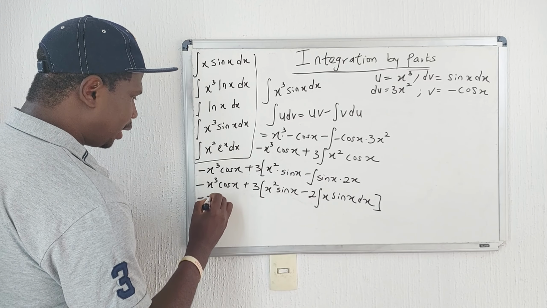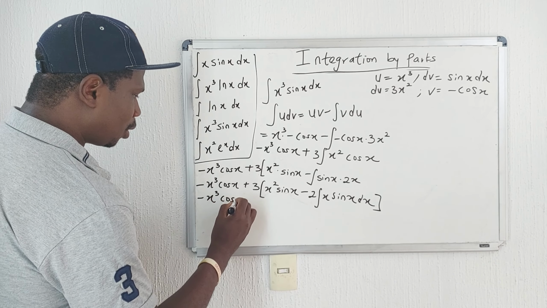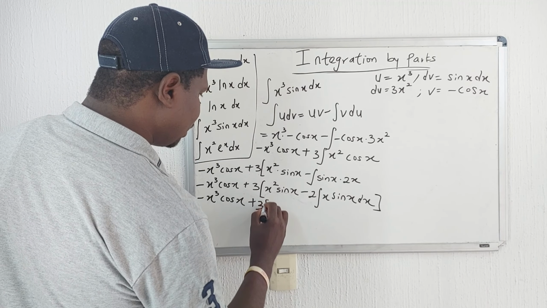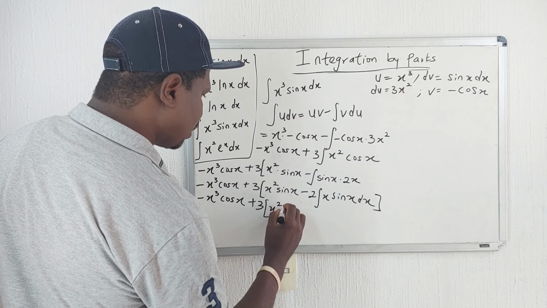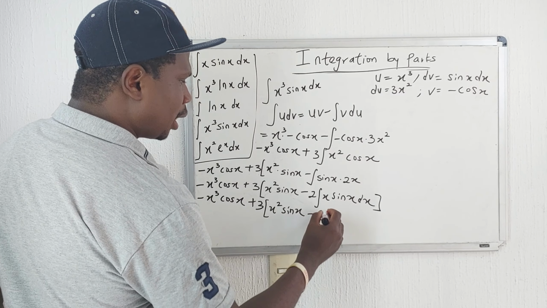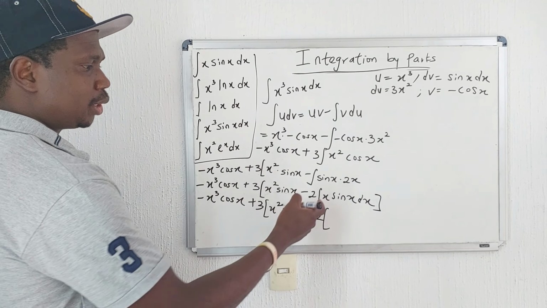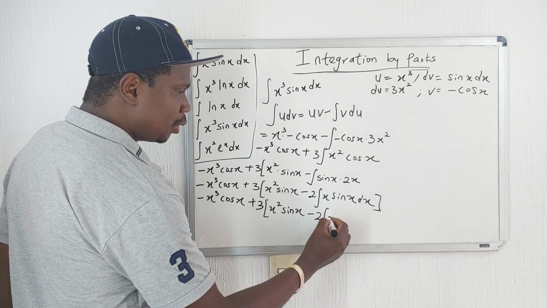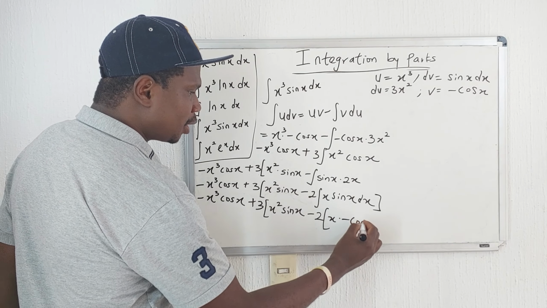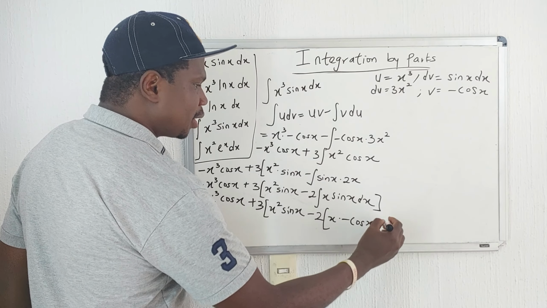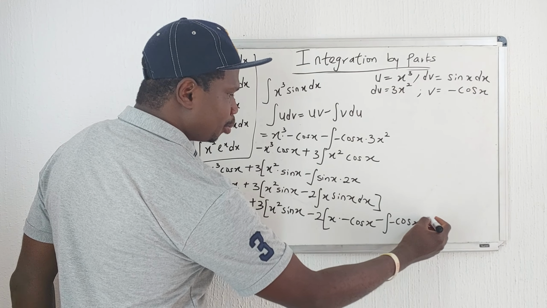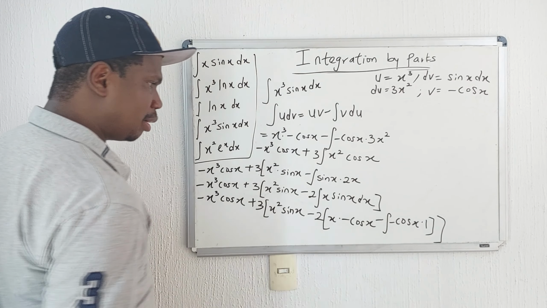So I have minus x cubed cos x plus 3 into what? x squared sine x minus 2, and open brackets if I want. Take this one as u and this one as v. So if I integrate sine x, I'm going to have minus cos x, minus integral of minus cos x dot 1. So I can close here and close the outer bracket.